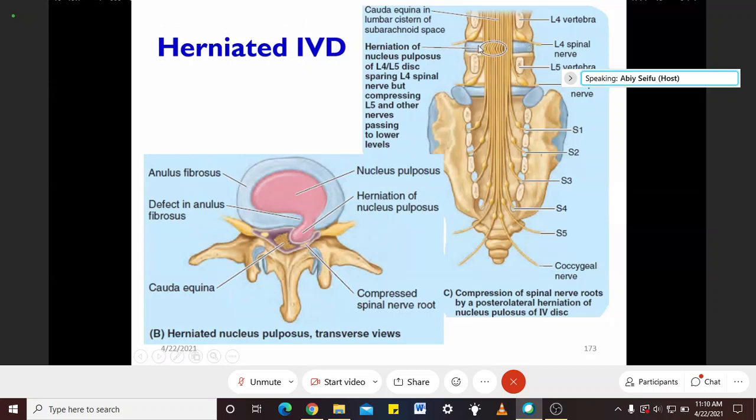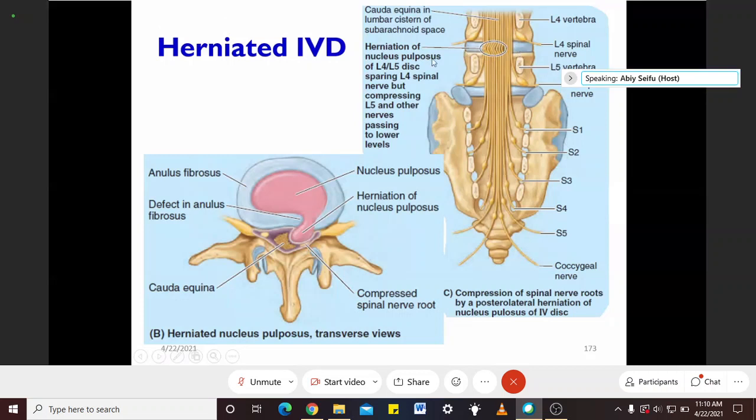Therefore, if it protrudes, it compresses the nerve that exits from the inferior intervertebral foramen. You see, those nerves have a great chance to be compressed by herniations of this disc. Mind you, L4, which exits superior to it, is not compressed by herniations of this intervertebral disc.